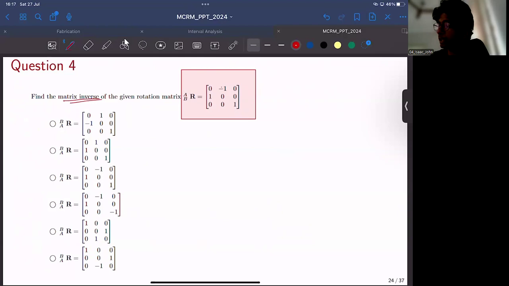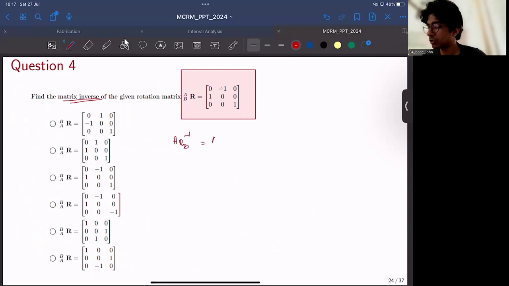And if you take the dot product of one column with any other column, it is always going to be 0 because they are orthogonal to each other. At the same time, they are also of unit length, so they are orthonormal vectors. The property of orthonormal vectors is that their inverse is also their transpose.